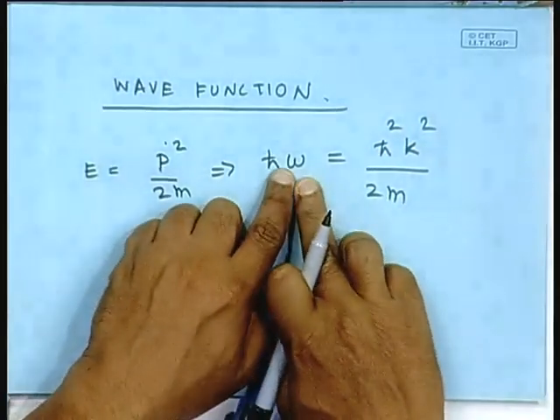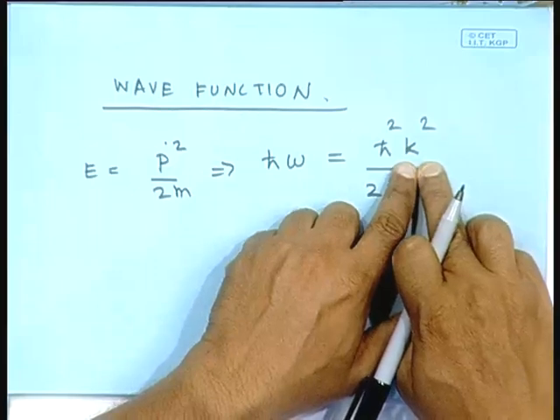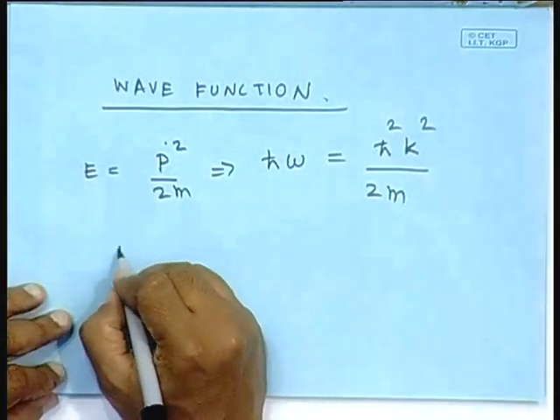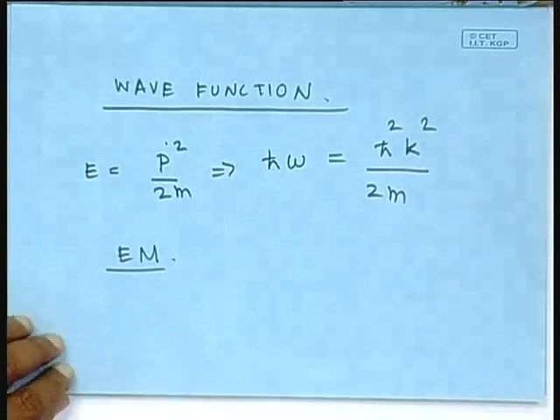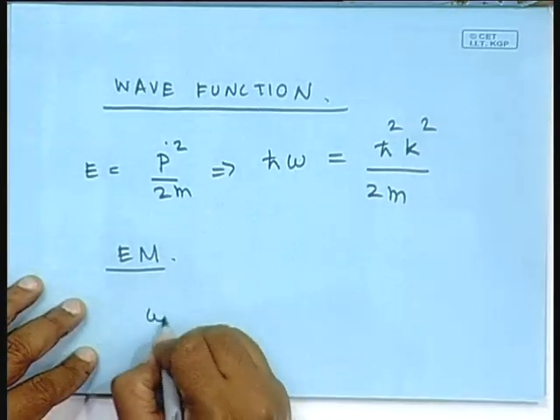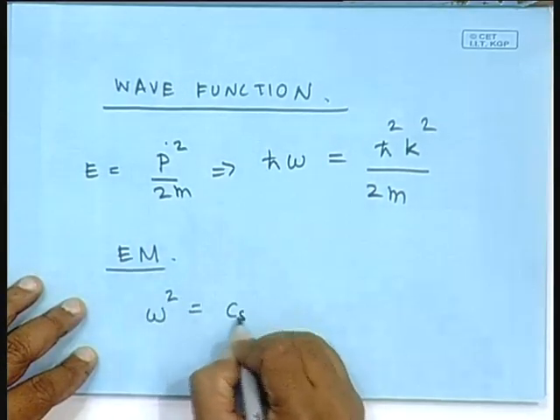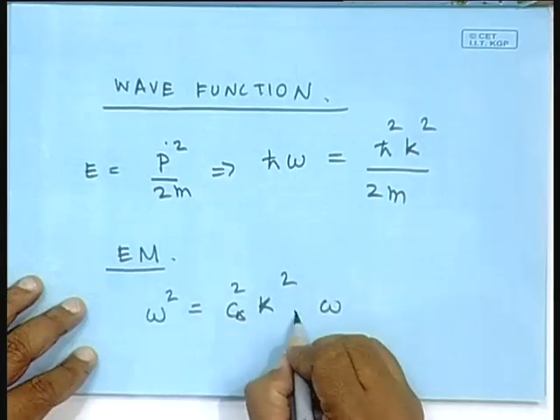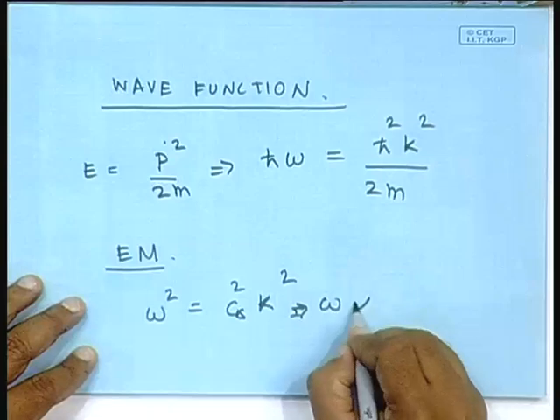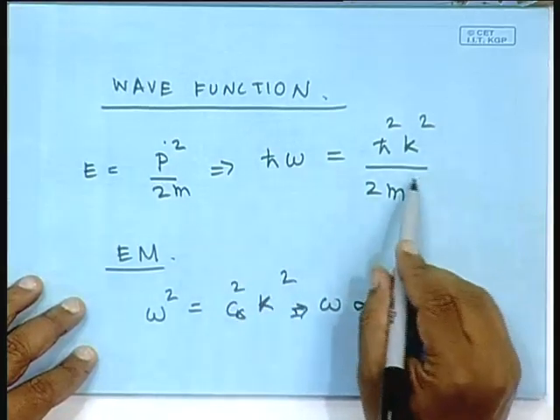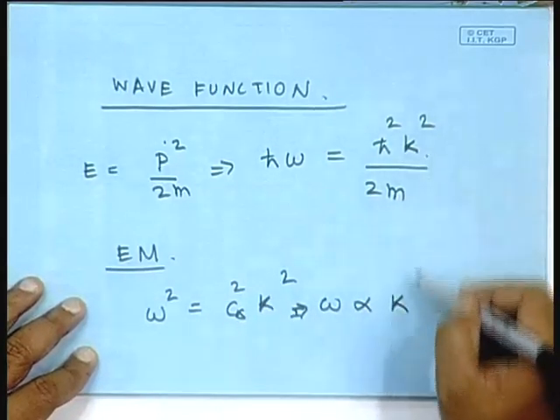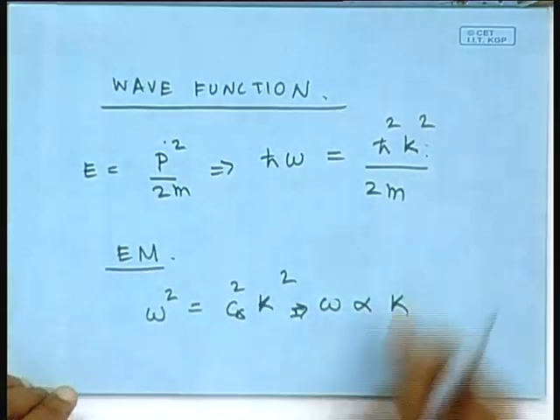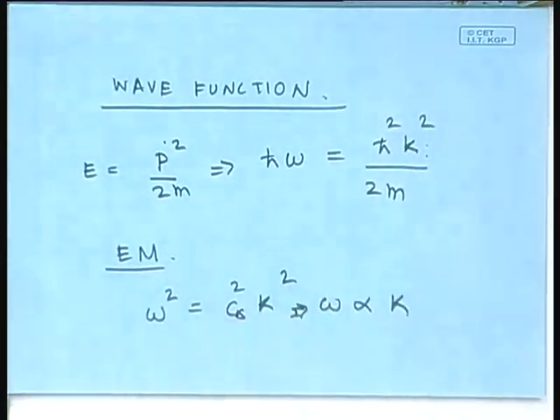So we see that omega increases proportional to the wave number squared, whereas for electromagnetic waves or elastic waves or a vibrating string, we have a dispersion relation omega square is equal to c square k square. You see that omega is proportional to k, whereas here it is proportional to k square, and it is this difference which is the source of the difference in the behavior of the angular frequency with the different excitations.